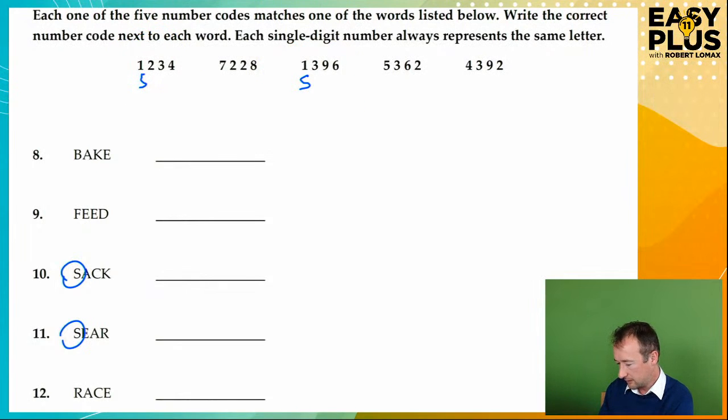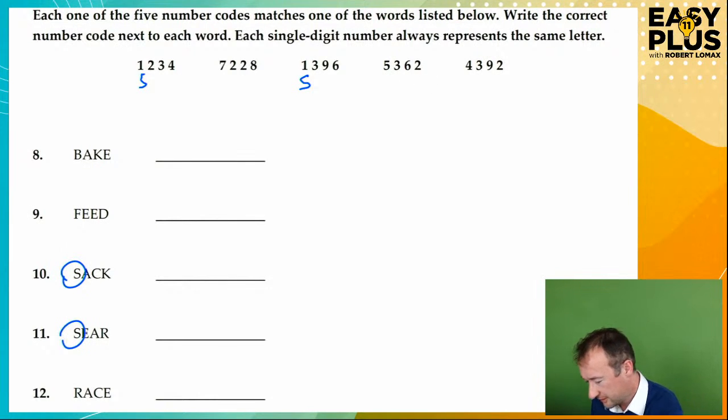Well, let's do some more exploring and find out. So, what other patterns can we see? Let's think about the last letters of these words. E, D, K, R, E. The two words that begin with E, end with E. And looking up here, there are two numbers that end with 2.